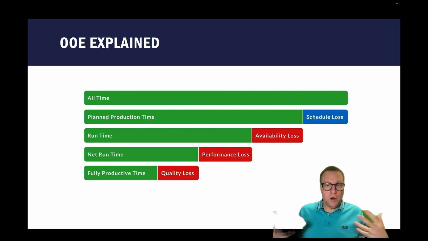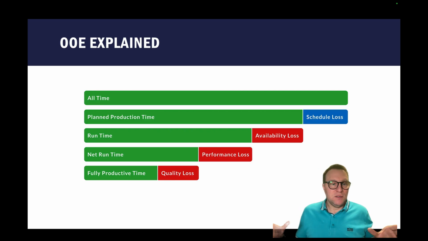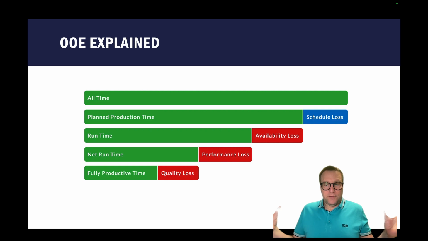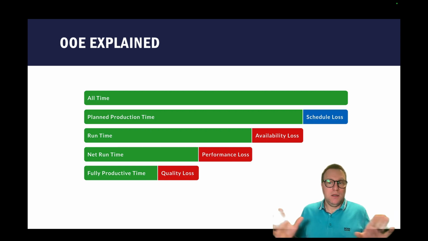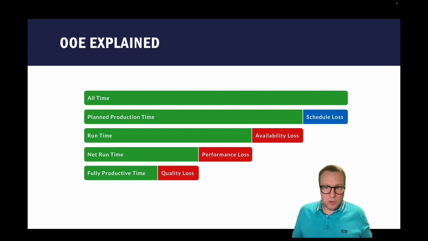So it's very normal that some of these machines are not producing something. And this is all about the planned production time, and we had this discussion on the scheduling algorithms itself. So overall, if you really would like to optimize this part, it is a planning problem, not really a shop floor problem.